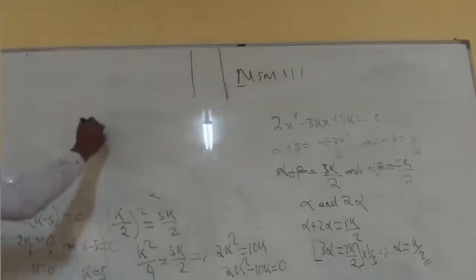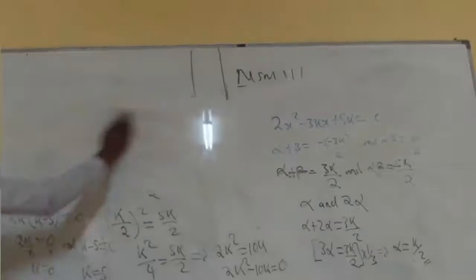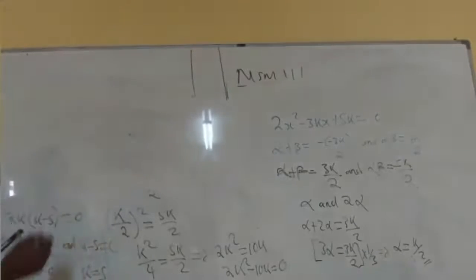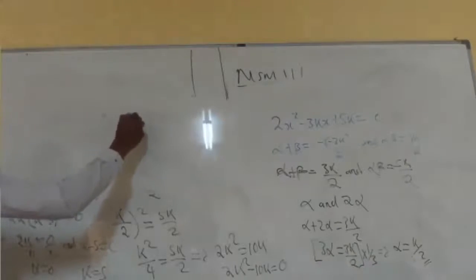We know that alpha is equal to k over 2.